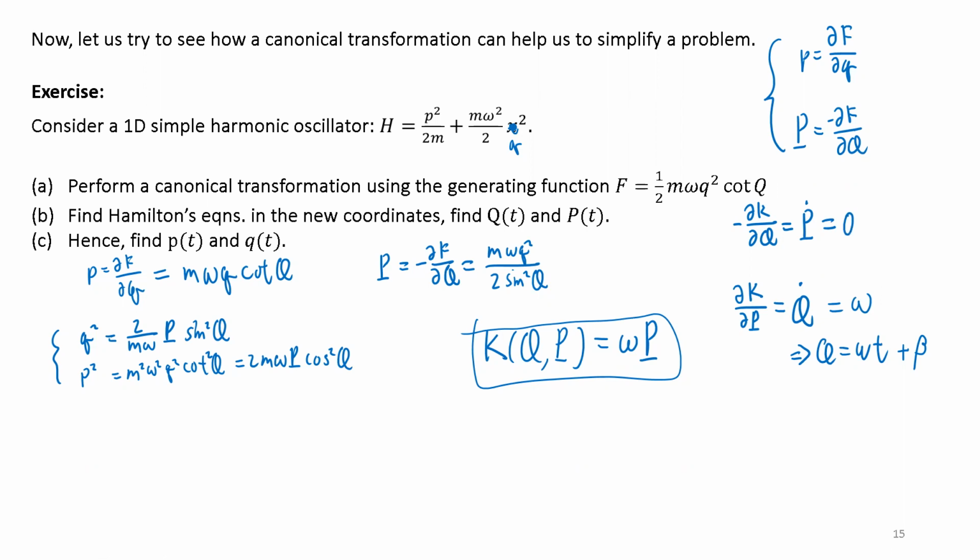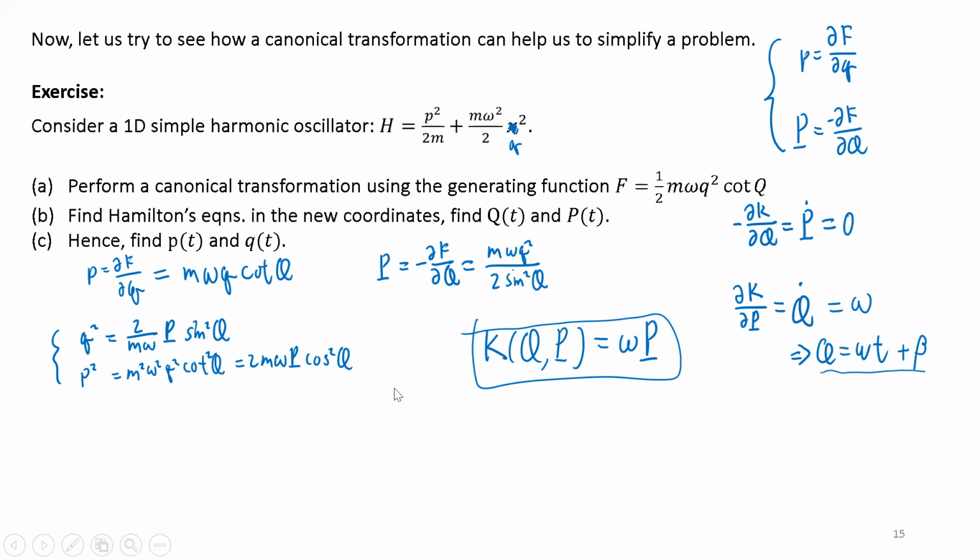Let's try to finish the problem. We are not done yet, because now I have capital Q as a function of time, but ultimately I want to express the final answer in the original coordinate system. Ultimately I want small q.